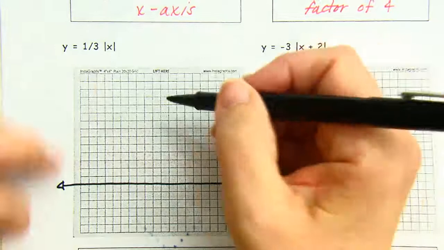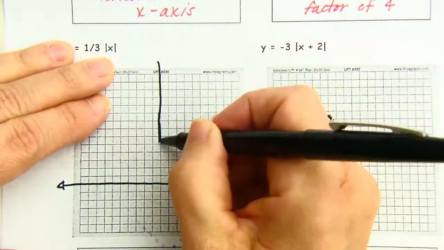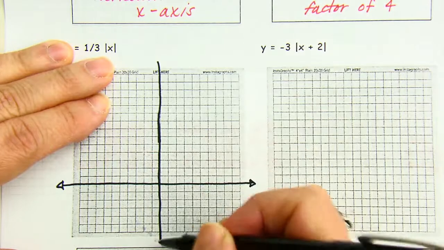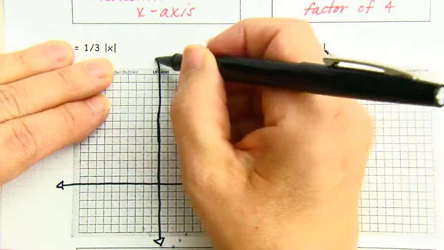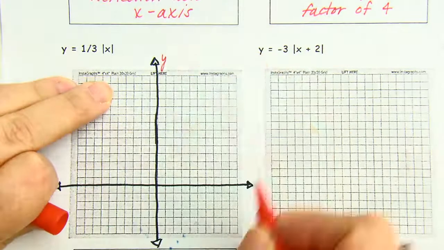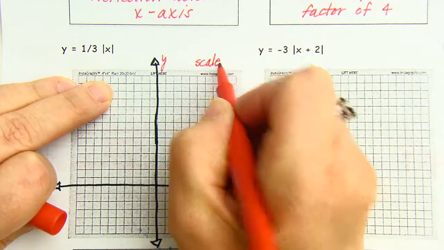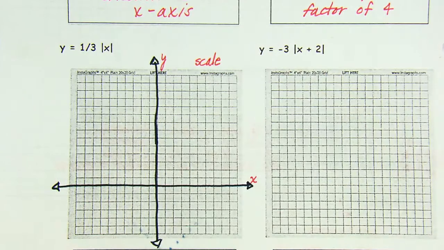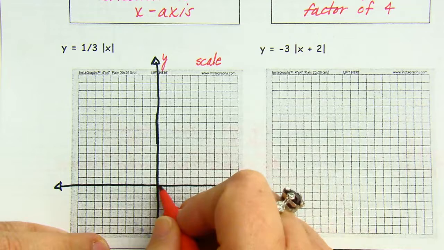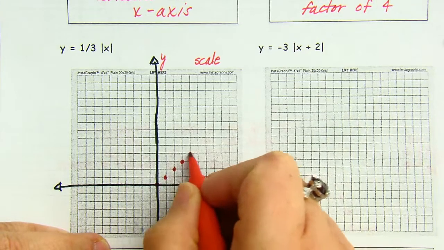There's my x-axis. Not drawing very straight lines today. There's my y-axis. This is y. That's x. My scale is 1 again. I'm going to draw my parent function, just with dots so I know where it is.